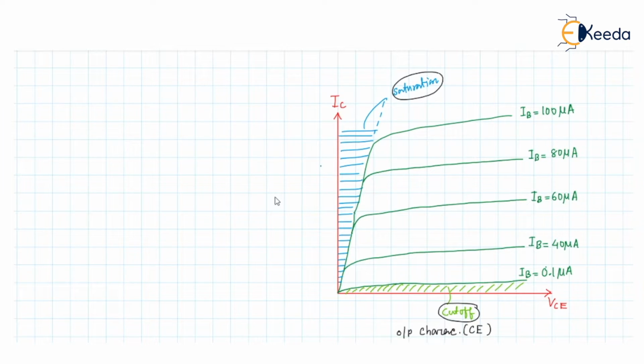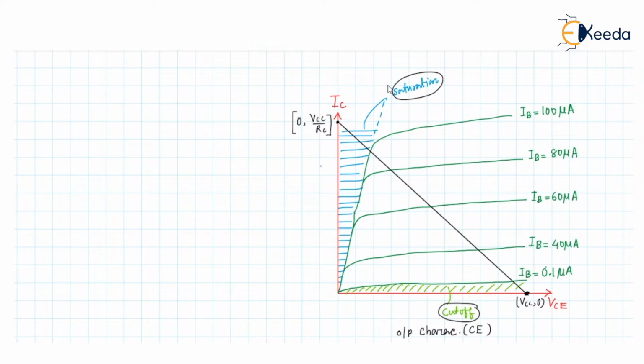If we now plot the DC load line here, then the DC load line will look like this. This is the DC load line, and this value, we know, is 0, VCC by RC. We have already derived that. Similarly, this value is VCC, 0.